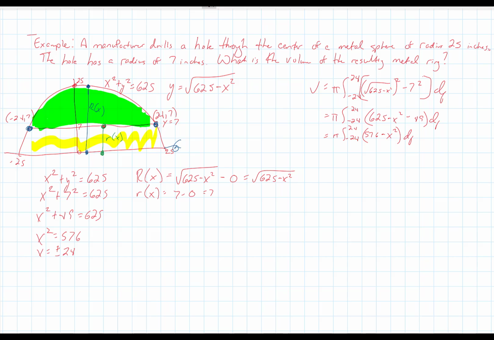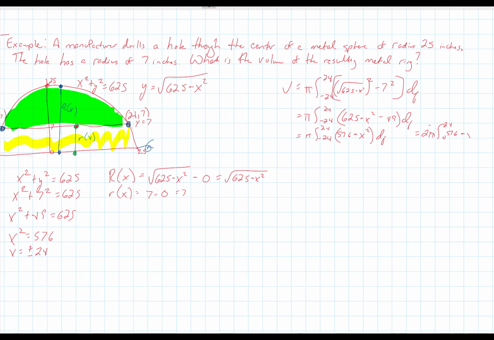You could also use symmetry to your advantage again. In this case, since it's negative 24 and 24, I'm not going to use symmetry. But you could set this up as 2 pi times the integral from 0 to 24 of 576 minus x squared.